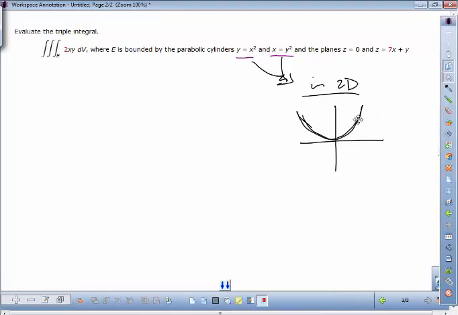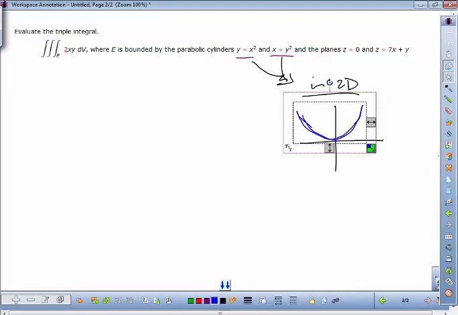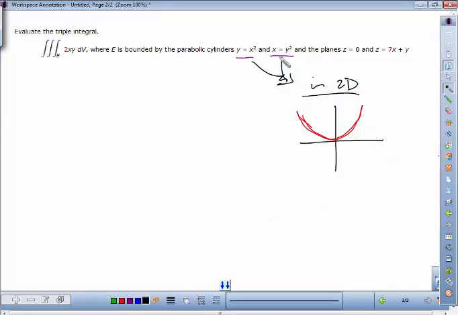And then the other parabola is x is equal to y squared, and this is why we talked about conic sections back in chapter 10. So whenever we run into equations like this, we would automatically know how these things look.